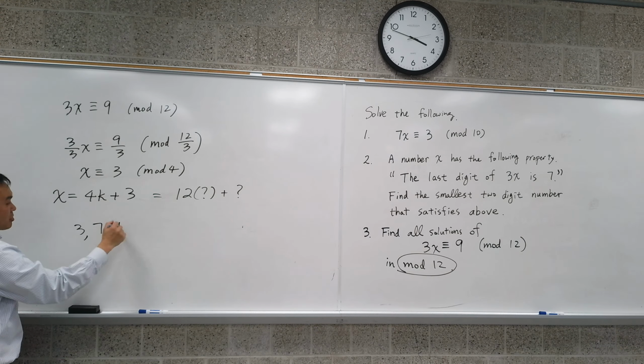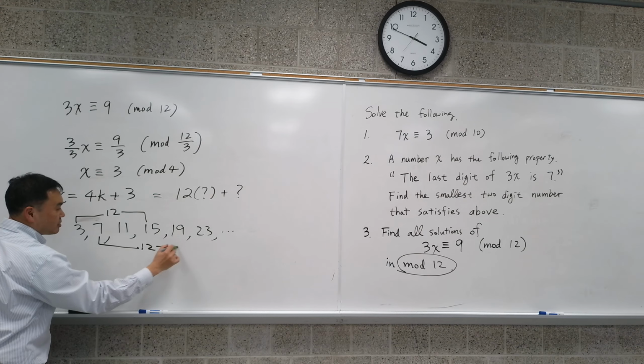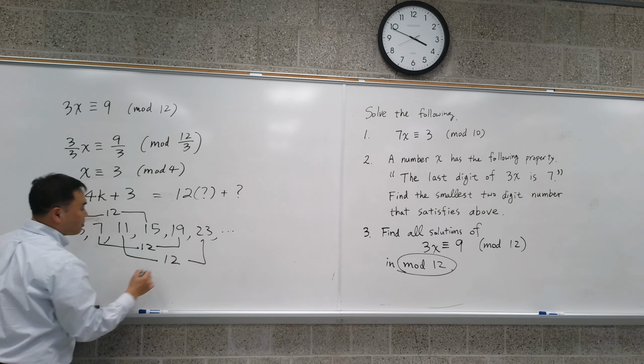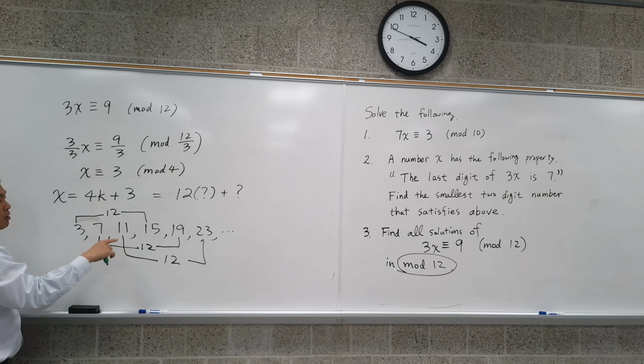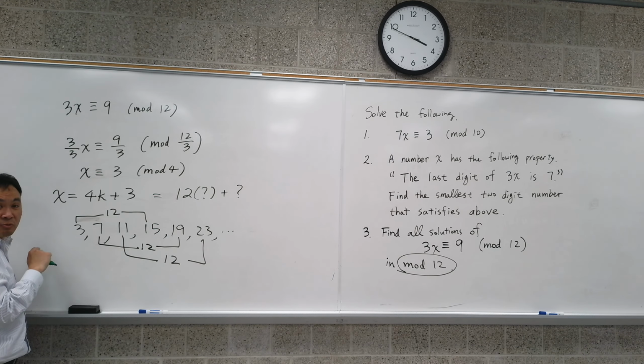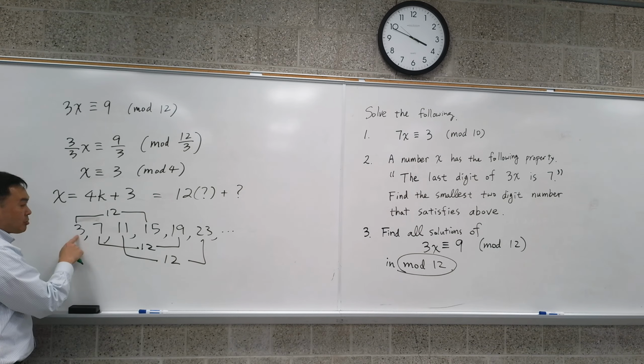Just like that. And you can see that the difference between 3 and 15 is 12, and 7 and 19 is 12, and 11 and 23 is 12. In mod 12, the subsequent numbers are the same as the ones before, right? These two are congruent to each other because they're 12 apart.